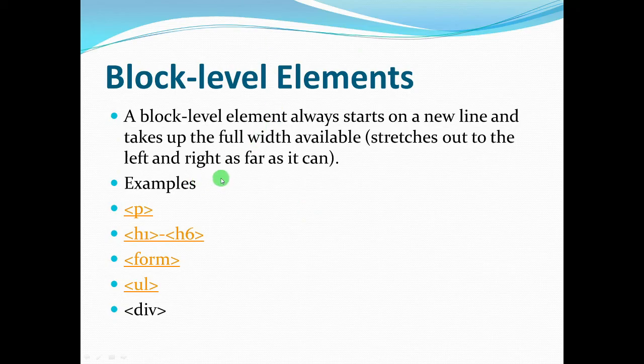Okay, so examples of block level elements are the paragraph tag, heading tag, forms, unordered list, and this one I have not actually mentioned before, the div tag. Okay, so div essentially stands for division. In other words, it helps us to divide our page into different sections.